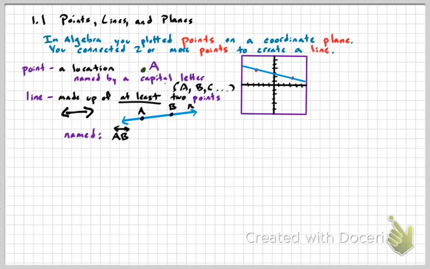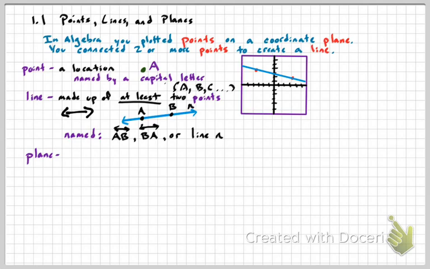I could also name this line BA. So the order that we list the points does not matter. It eventually will matter for something called a ray, but for a line, the order does not matter. And then I could also name this line n. So if I'm just using the lowercase letter, you usually want to write the word line and then n.